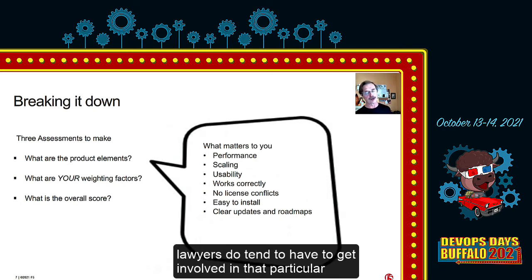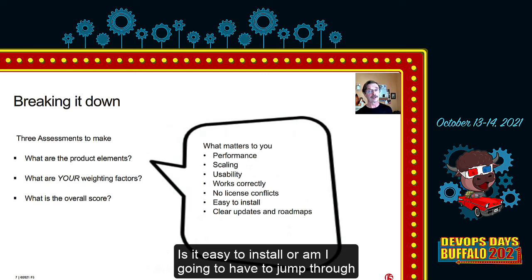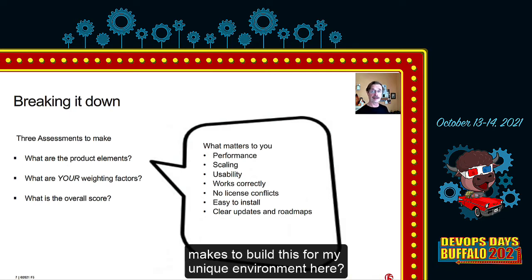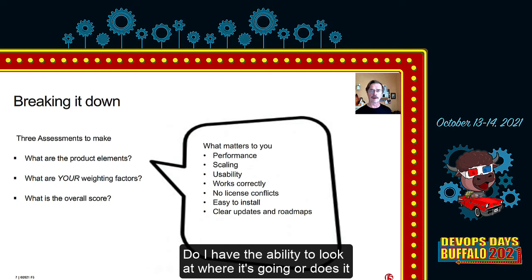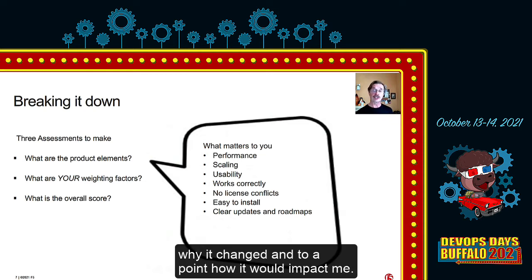And unfortunately, lawyers do tend to have to get involved in that particular category. Easy to install. Is it easy to install, or am I going to have to jump through hoops? Are there packages that I can make use of? Or am I going to have to actually do makes to build this for my unique environment here? And then finally, does the project have a roadmap? Do I have the ability to look at where it's going? Or does it have clear updates so that when things change, I know what changed, why it changed, and to a point, how it would impact me?